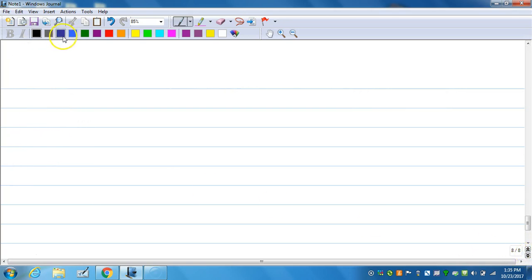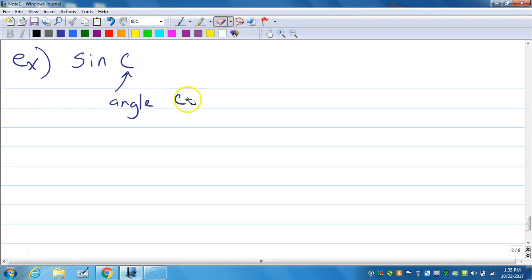So, let's draw a triangle here. Example. In this question, I want you to find the sine of C. This is telling you to find angle C, and then from there you're able to figure out the opposite, hypotenuse and adjacent. So it's just telling you what angle to use already.